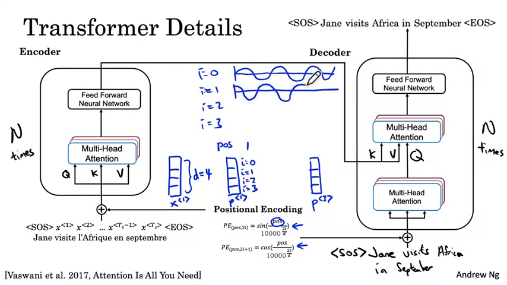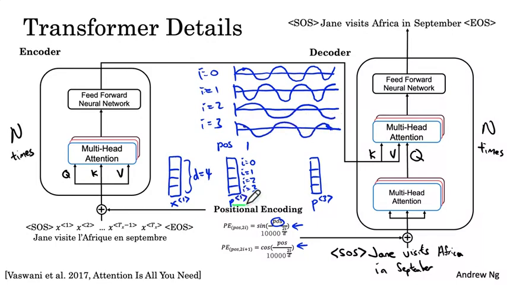So, 90 degrees out of phase. And i equals 2 will end up with a lower frequency sinusoid, like so. And i equals 3 gives you a matched cosine curve.